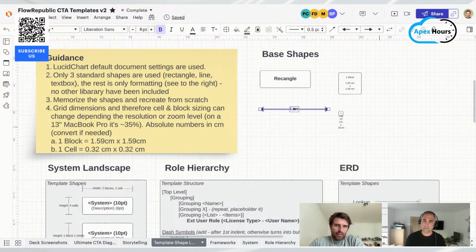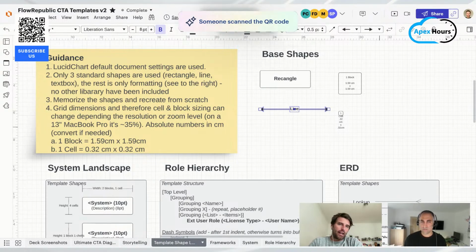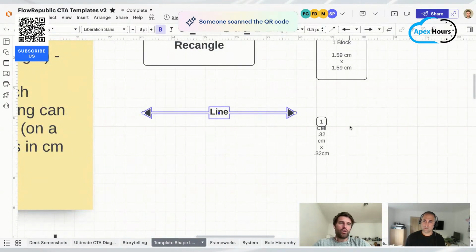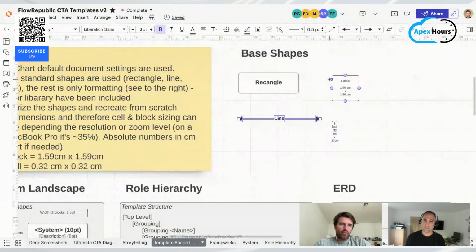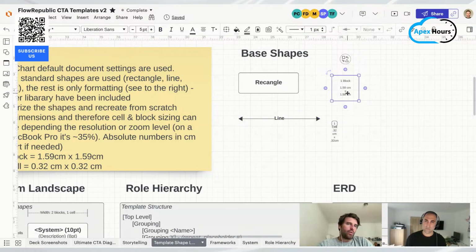The other thing that we have opted in for is using standardized sizing. So we have 2 different units of measurement that we're using. One is a block. If you look at the grid here, you can see a square form, which we call a block. And they normally follow a standard sizing. Here in this case, it's 1.59 centimeters because I'm living in Europe, I'm using the metric units.